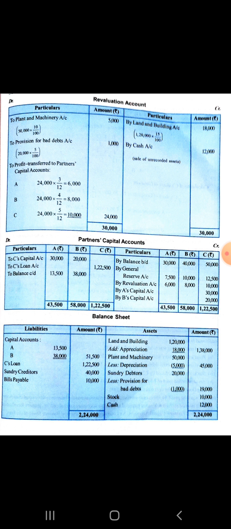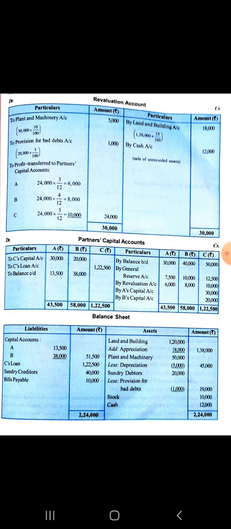Next, balancing. First, we have to balance the retiring partner's capital account. Balancing figure 1,22,500 is transferred to retiring partner's loan account. Look at the debit side of partners' capital account. Second item, to C's loan account, rupees 1,22,500.